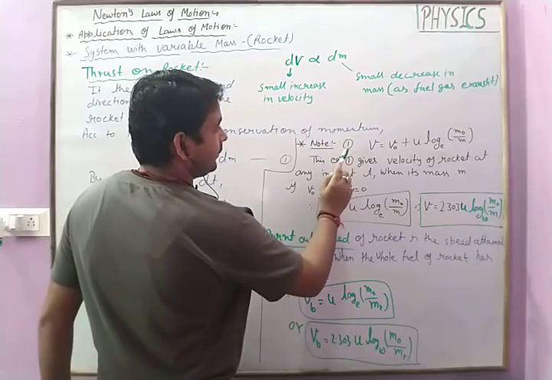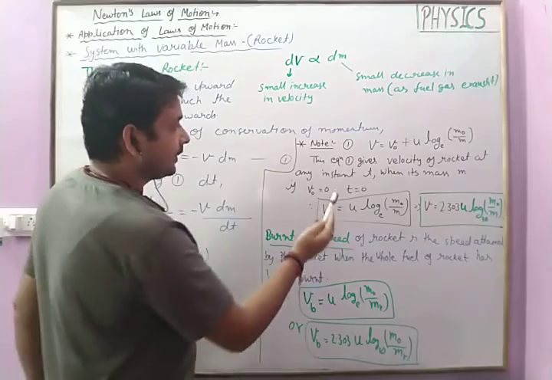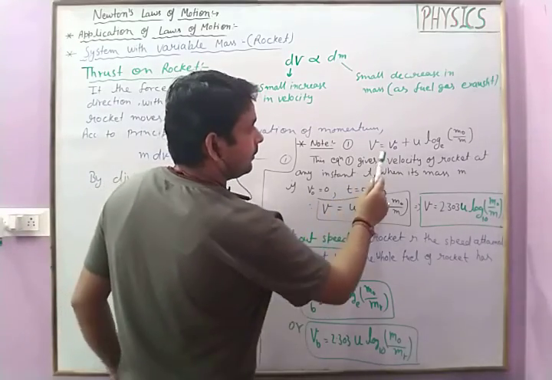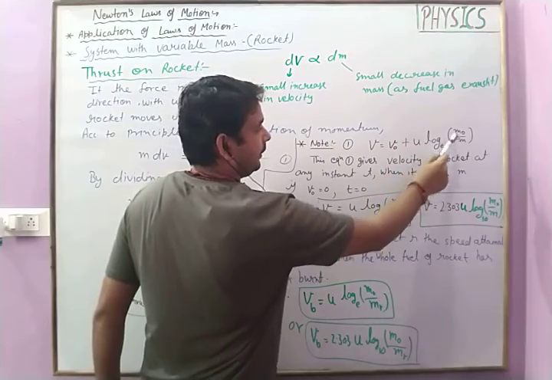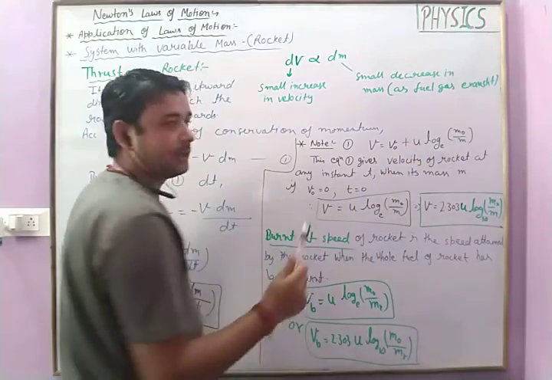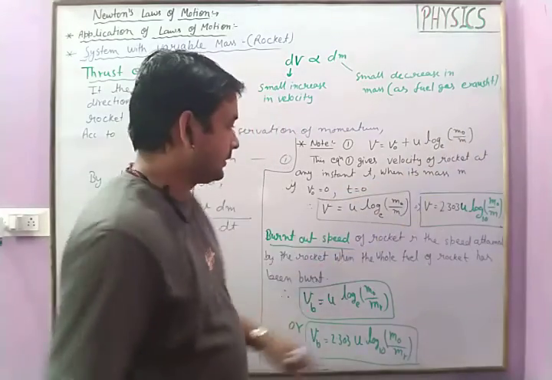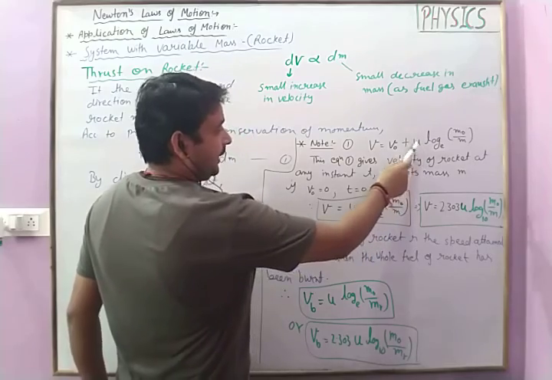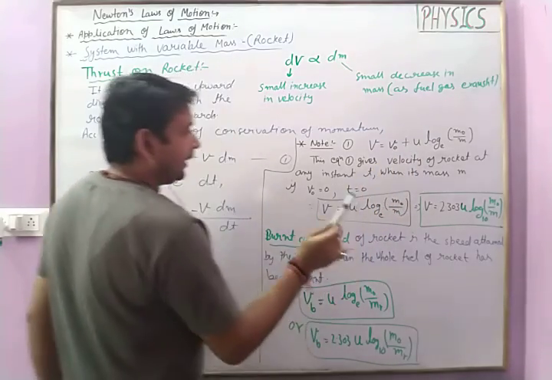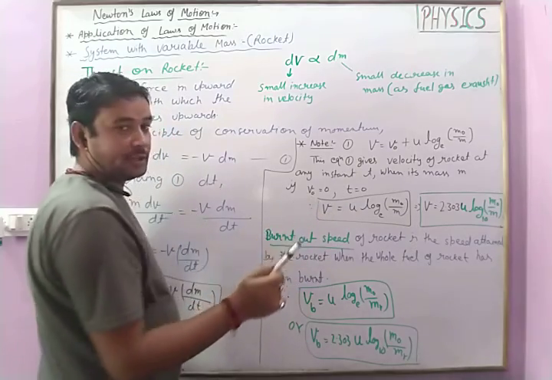The velocity of rocket is v is equal to v naught is equal to u log e m naught upon m. M naught is the initial mass and m is the remaining mass. This is the velocity at any instant of t, and if t is equal to 0, the velocity is 0.